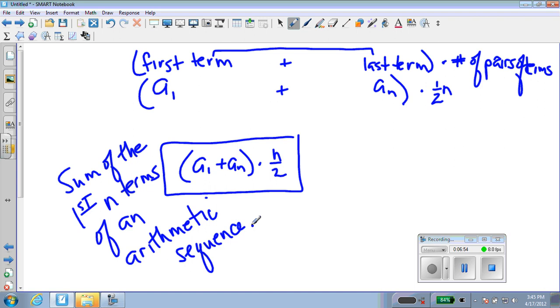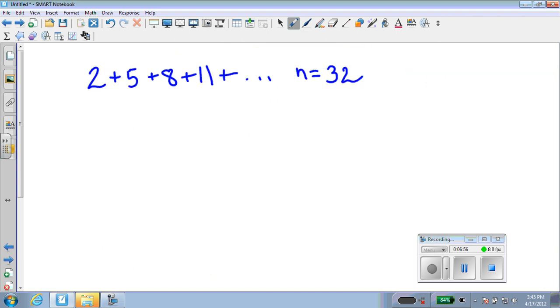Okay, so let's take a look at another example. Suppose it came to me in this form, 2, 5, 8, 11, and I want the sum of the first 32 terms. Well, first let me check to see if it's arithmetic. We're adding 3, we're adding 3, we're adding 3. It is arithmetic.